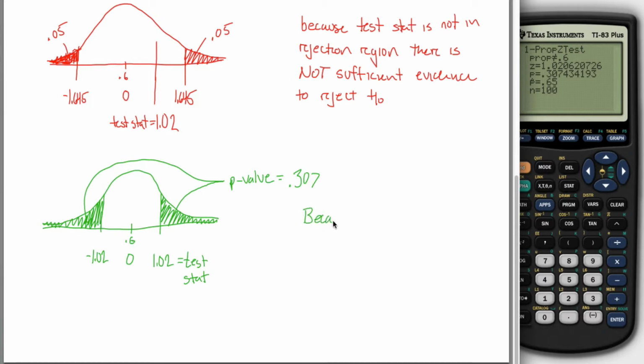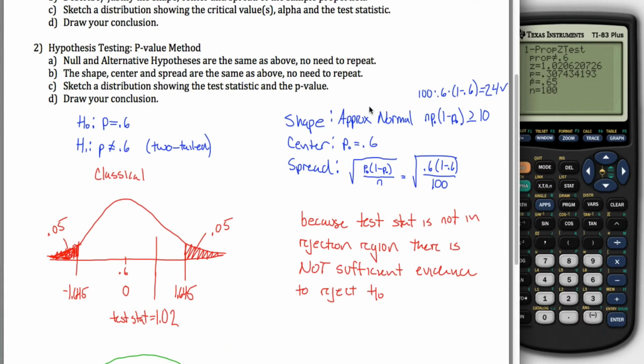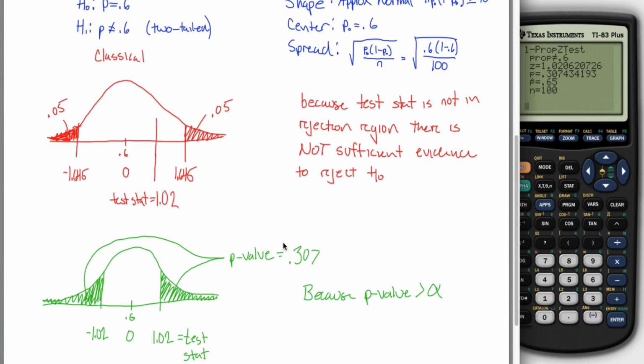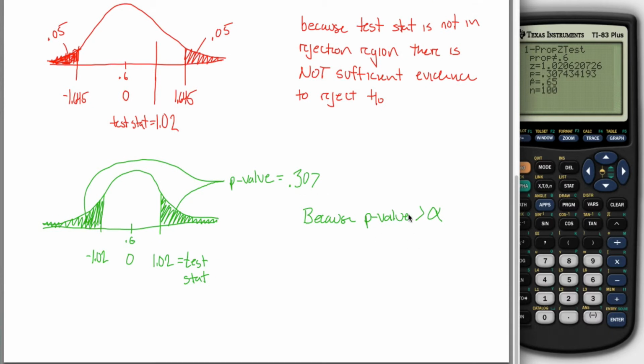Now I'm going to say because my p-value is greater than alpha. Remember from before that alpha is equal to 0.1. My p-value is 0.3. 0.3 is greater than 0.1. Because my p-value is greater than alpha, there is not sufficient evidence, blah, blah, blah.